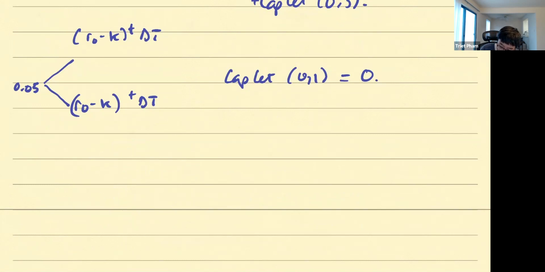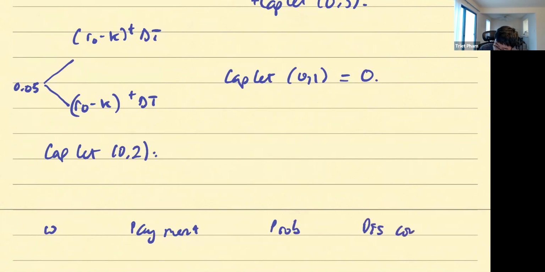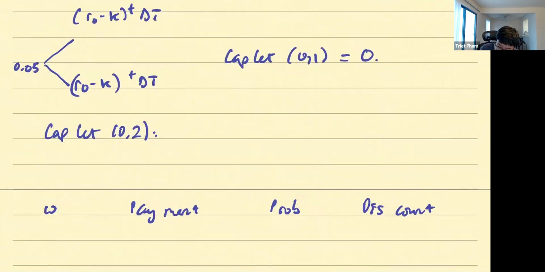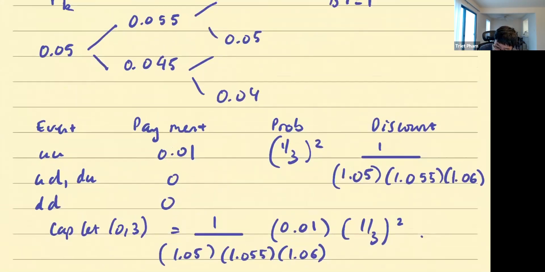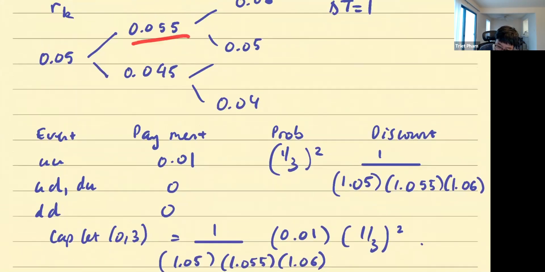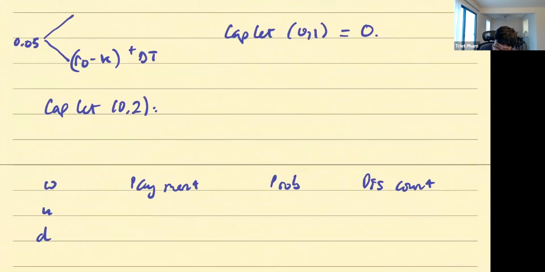So for caplet 0.2, right, you also do an event. So omega, right, payment and probability and discount. And so omega has only 2 types, U or D. If it goes up, then you get a payment of 0.005, right?